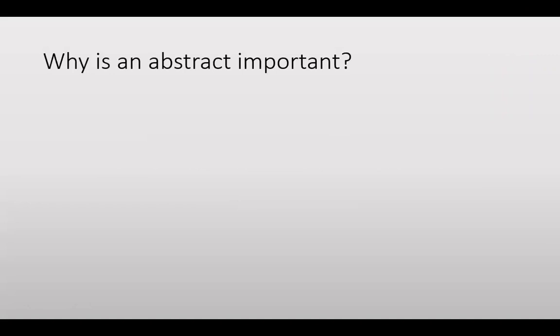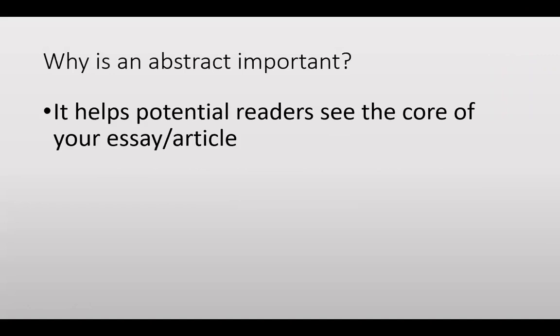Now, why is it important anyway? An abstract actually helps potential readers, people who will read your articles, to see what you actually want to propose. They want to see the core of your essay or article, and the abstract is where they can find it. If they like the article or they need your article, they will continue reading the entire article. If not, then they can move on to another article.